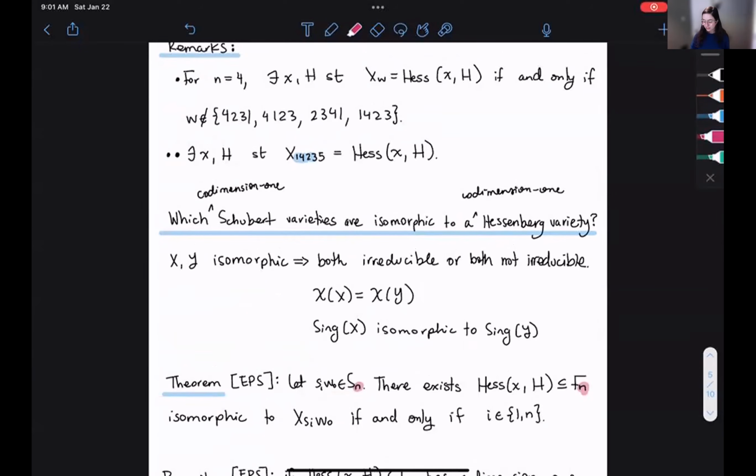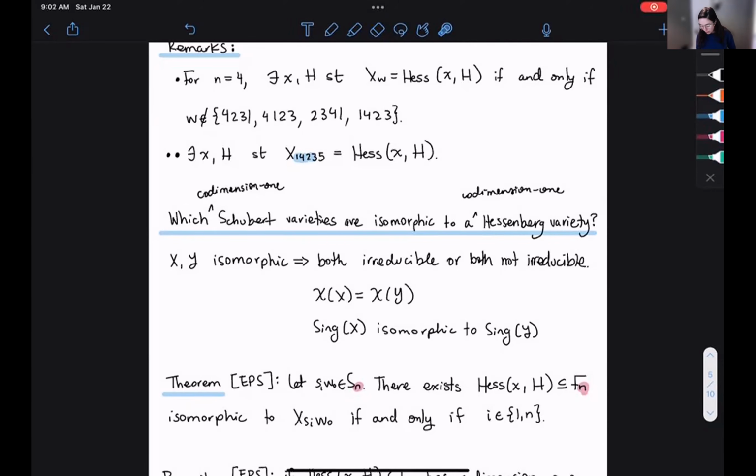If I wanted to, I don't know, find a Hessenberg variety... that's a really difficult question. If you give me a Schubert variety in Flags(7), can you find a Hessenberg variety in Flags(100) that is somehow isomorphic to your Schubert variety? That is really hard. So instead, we fix n to be the same for all of them.